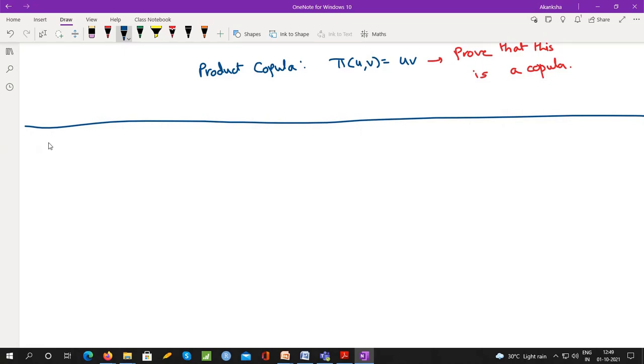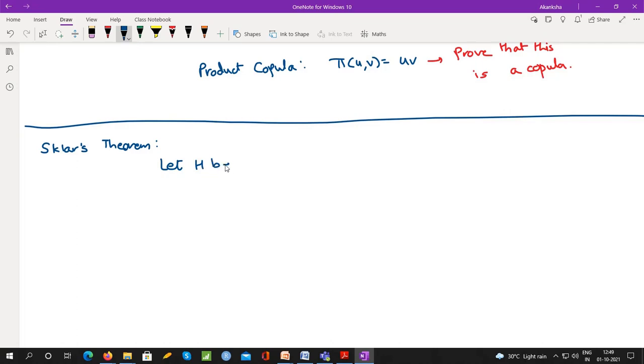So with this background, now we want to state one of the important results related to copula, which is known as Sklar's theorem. Let me state the result first and then we'll discuss.